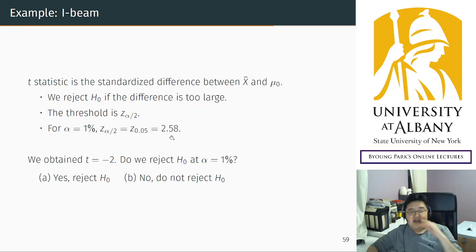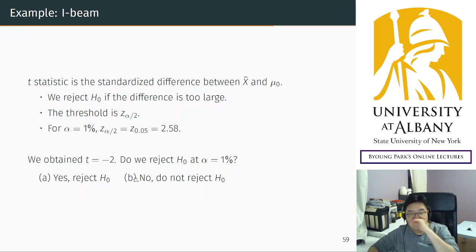That means as long as the difference is smaller than plus or minus 2.58, you do not reject the null hypothesis. The t-statistic is within the cutoff, so you do not reject it. Yes, it's smaller than 2.58, so you do not reject the hypothesis. So the answer is no.